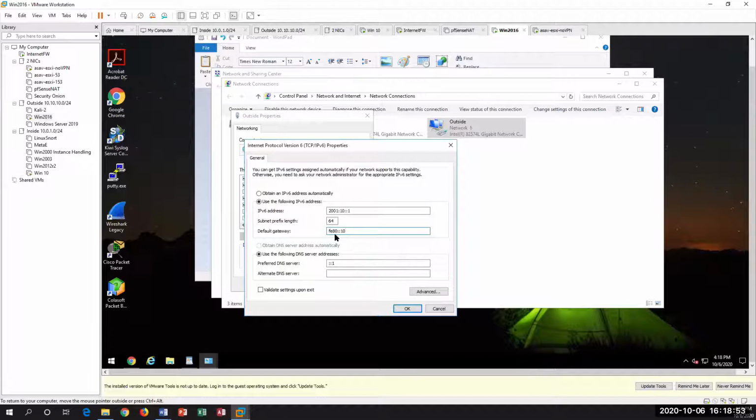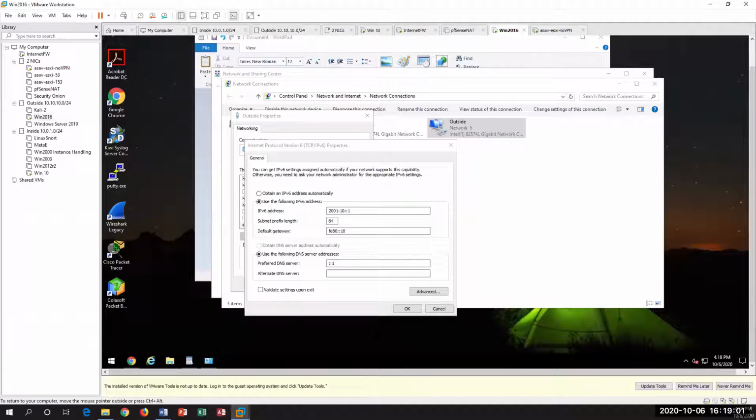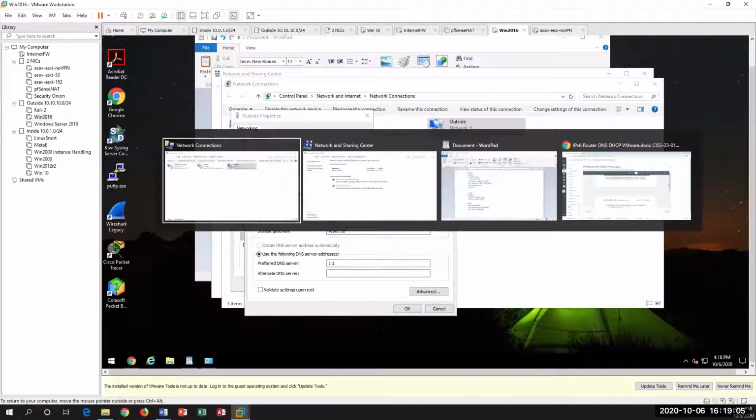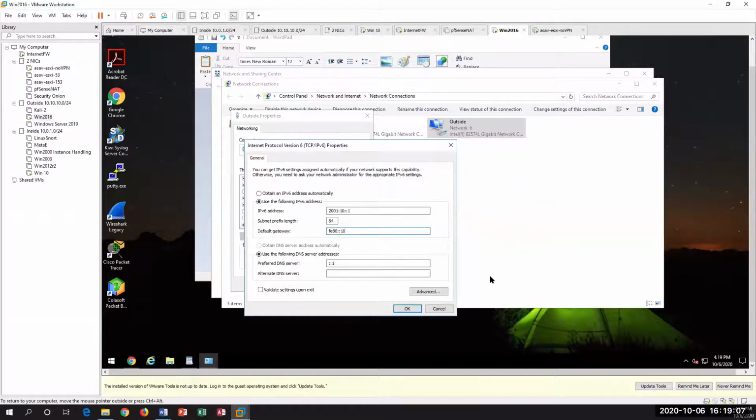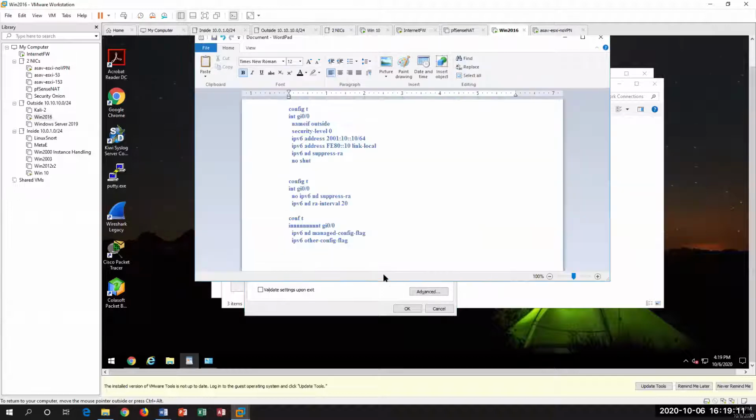The FEA0:10 is the IP address of, let's see, let's see if I can bring it up here. So you can see this is the syntax.